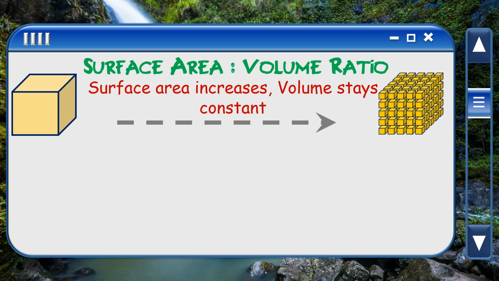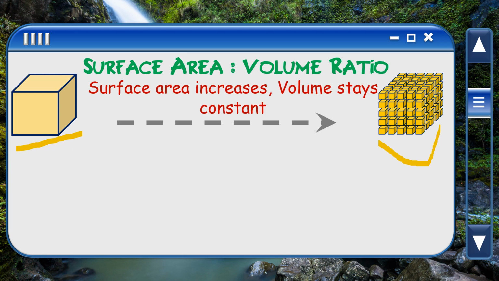Now, surface area increases, but the volume stays constant. How? When one cell divides and keeps on dividing, the more the cells divide, the more we increase the surface area to volume ratio, compared to having all the cells making one block.